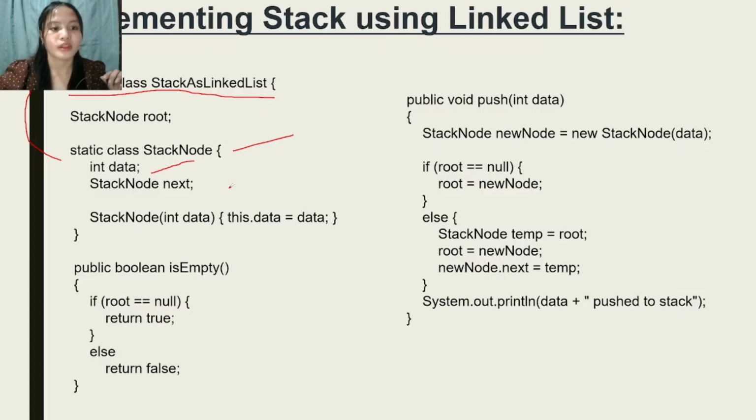So next, we created a StackNode next. If we have an attribute StackNode root in our StackAsLinkedList, this time in our StackNode static class we have an attribute StackNode next. So it is a pointer.